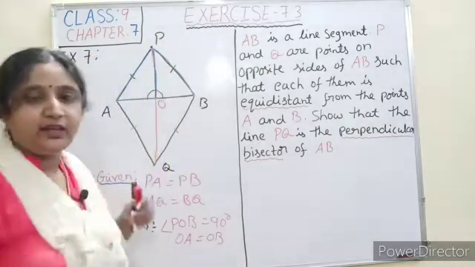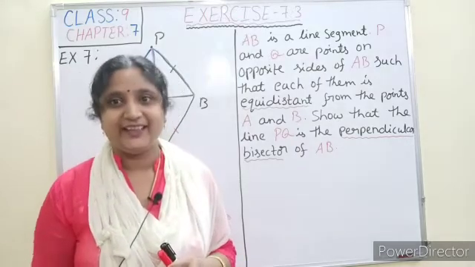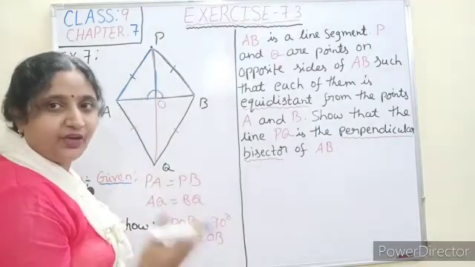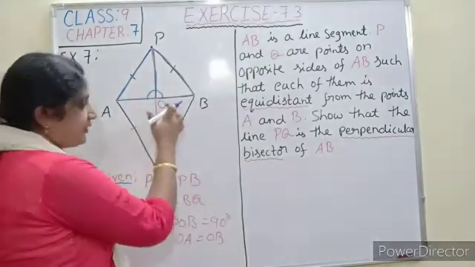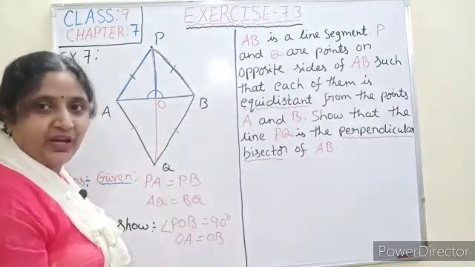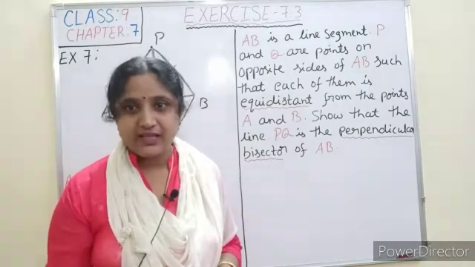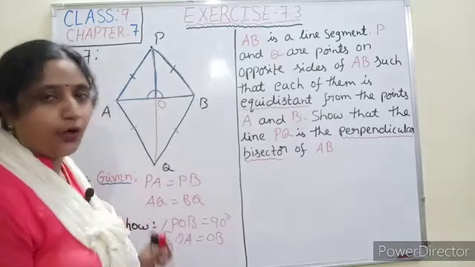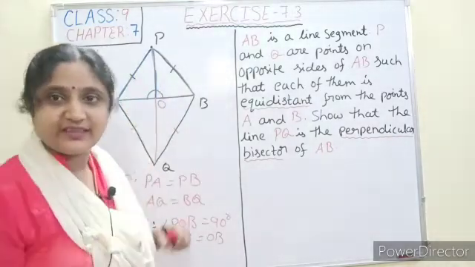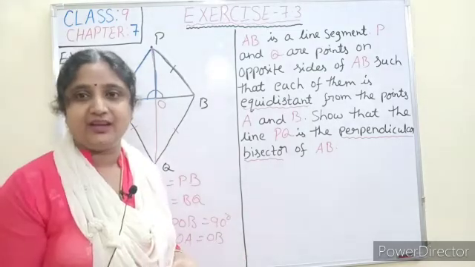If I show these two triangles are congruent, then these two corresponding angles will be the same, and these two corresponding sides also will be the same. In one condition only we can prove these two points, right? So first of all we have to show this is congruent to this one. But sufficient conditions are there. What do we have? Only one condition is there.